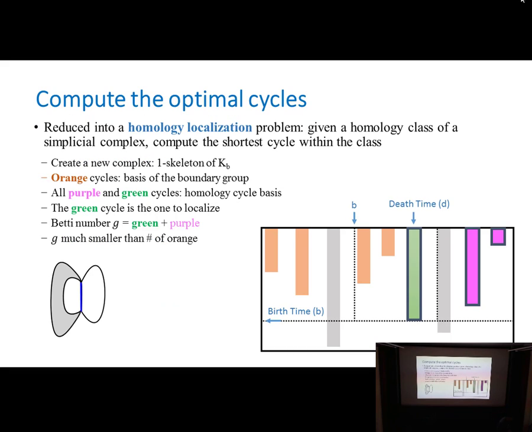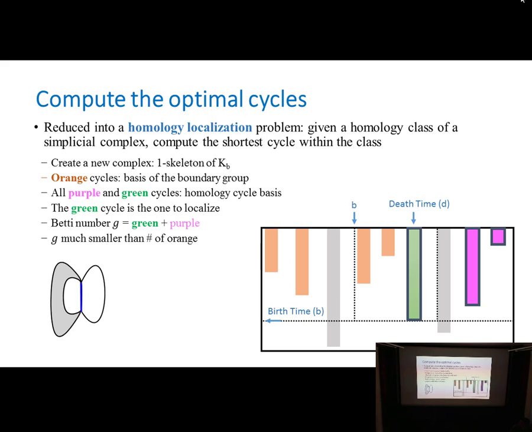So furthermore, we have to actually reduce the problem into a problem called homology localization that has been well studied. And I myself have been studying it in my previous life.